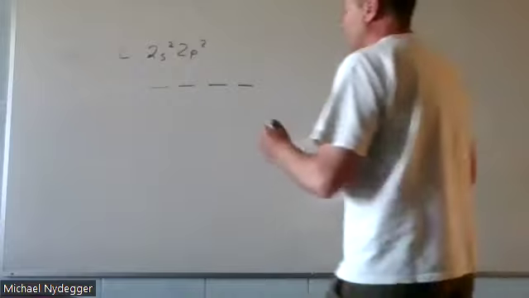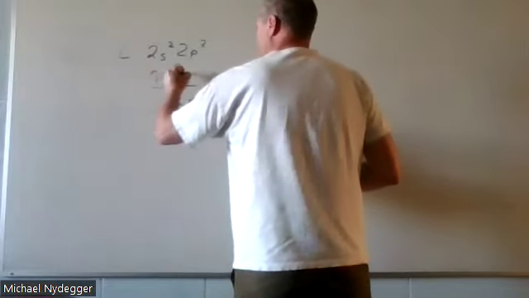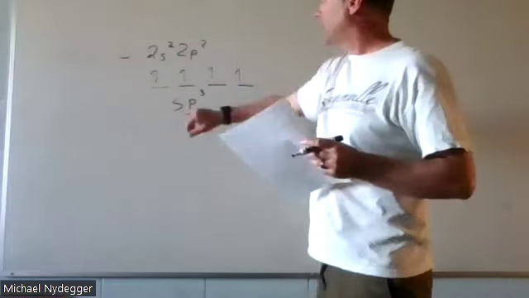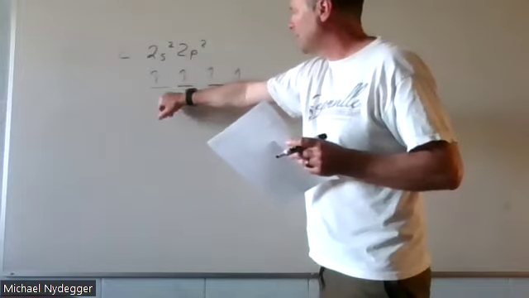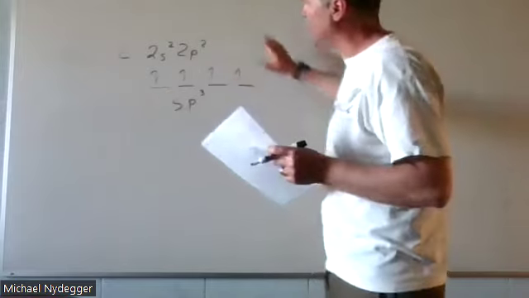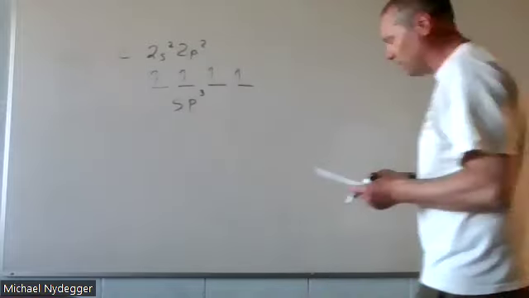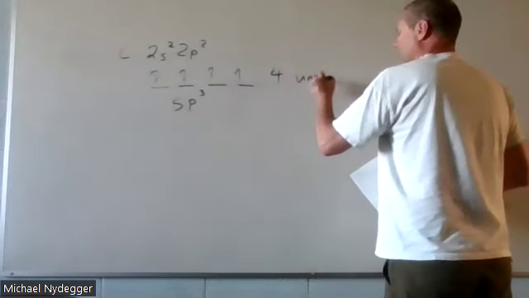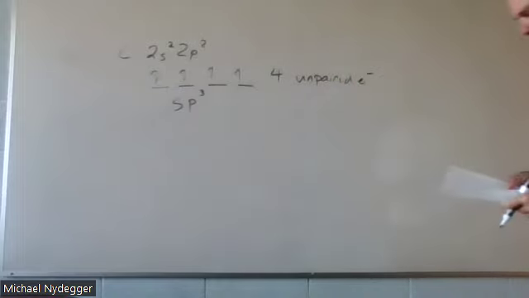So we could look at an sp3, so it'd be 1, 2, 3, 4. We have 4 electrons. If we have an sp3, that means that one of these is going to be an s, 3 of them are going to be a p, so they'll mix to get an sp3, so they'll become 4 atomic orbitals. Or we can say this is 4 unpaired electrons.